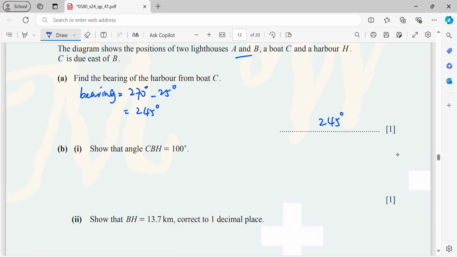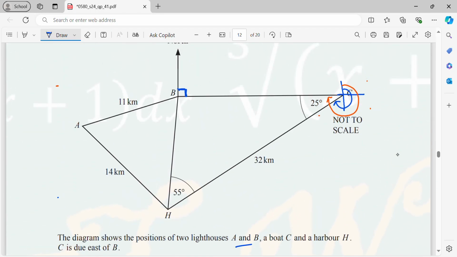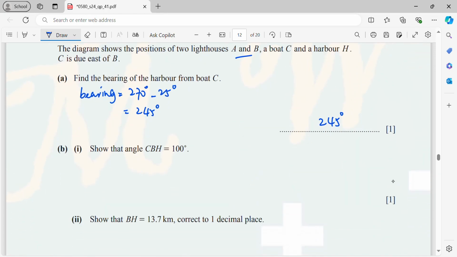Part B, part 1: show that angle CBH is 100 degrees. So where is my CBH? This CBH. You want to show this is 100. Now we know that HBC is a triangle, so the total angle is 180 degrees.